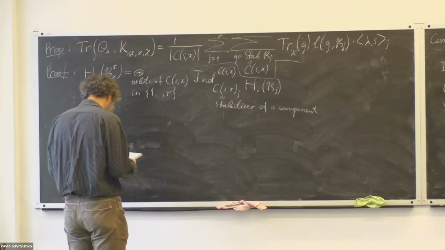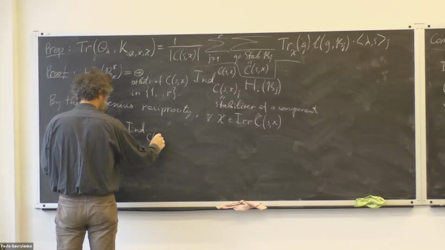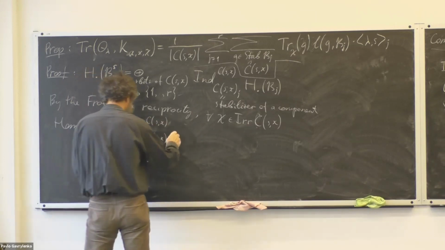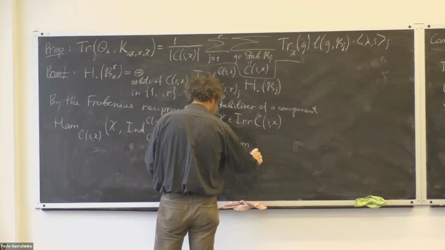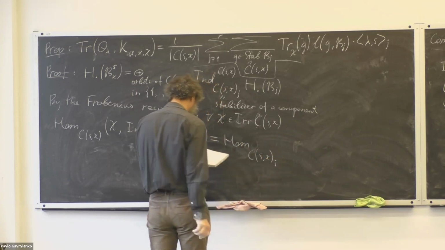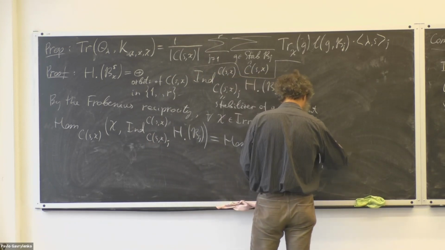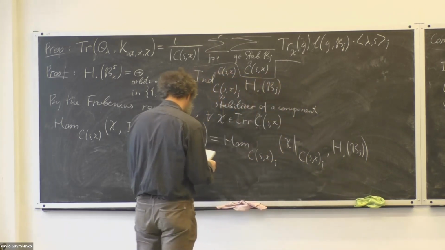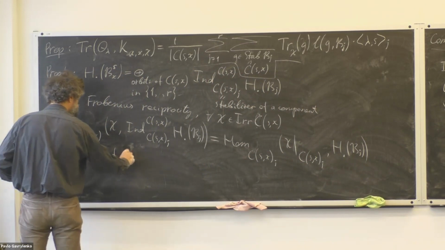For any irreducible representation chi, we have the multiplicity space of this type chi of the induced representation equals the multiplicity space of the restriction over this subgroup, the stabilizer, to the homology of the component, and the action of theta lambda.